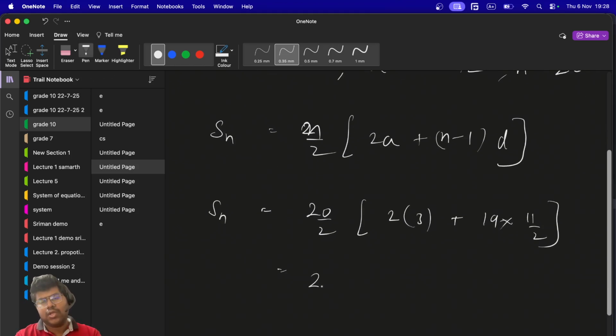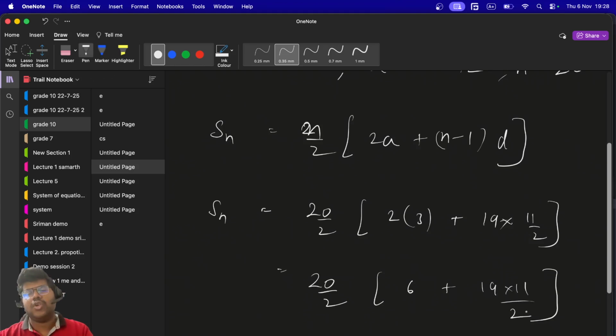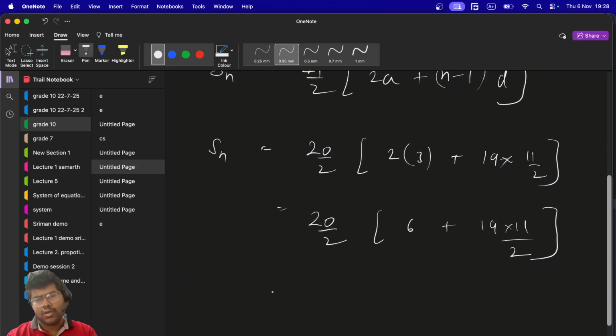So once I solve this, I got 20 over 2, 6 plus, so I got 19 times 11 over 2, right? And actually, when I simplify this, I got how much? I got 1105.